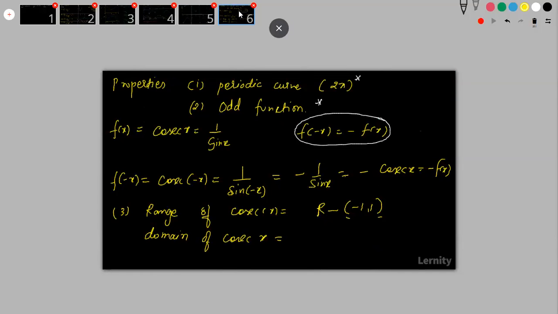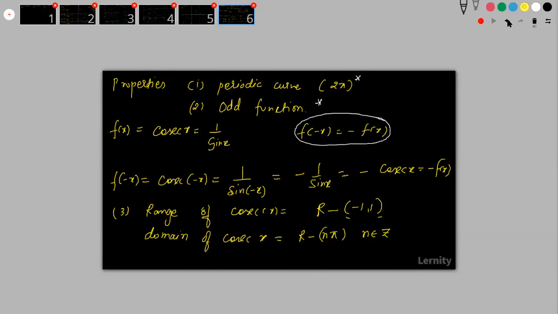So that means this will be R minus n pi, where n belongs to the integers. Has everybody understood?